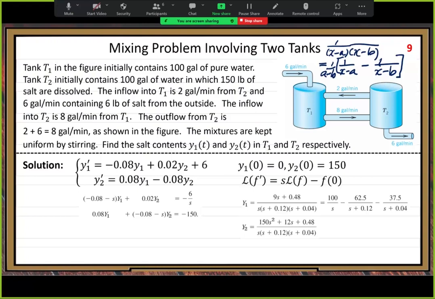S plus a constant, another factor s plus another constant, three factors, not two. But we can use the two-factor split twice. We can get that, okay, twice. So how hard do you feel the splitting is?